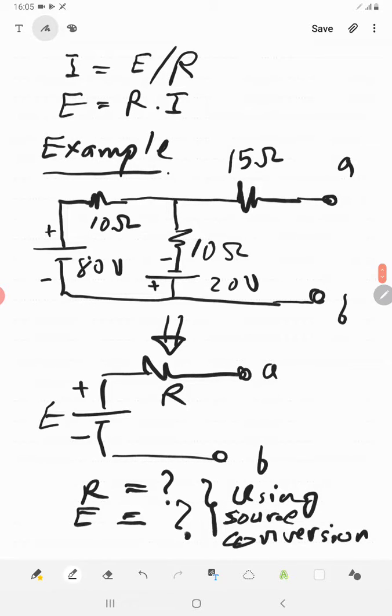So we want to use source conversion to find E and R of this circuit.